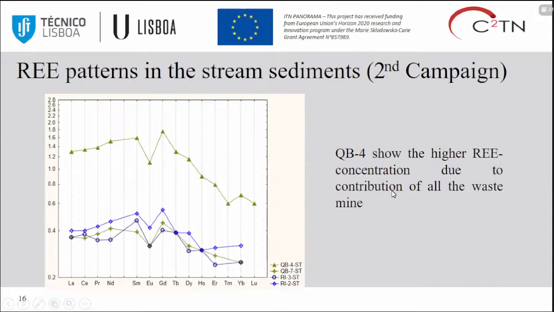We decided to include this slide because it's very important to know what happened with the street sediment, specifically in the second campaign because we increased the amount of samples. KB4 corresponds to the sample from the street sediment from the open pit. You can see the pattern is totally different from the other street sediment from the river.